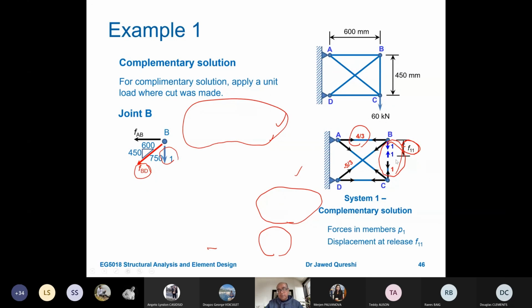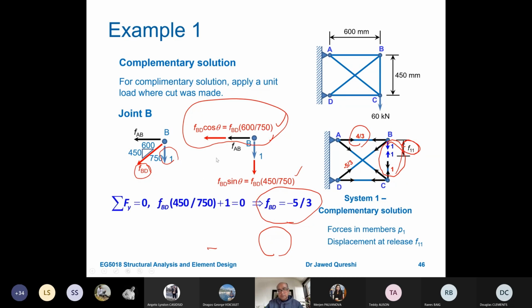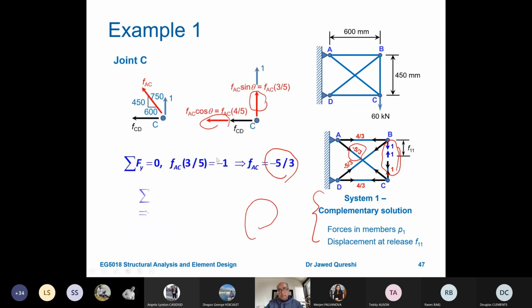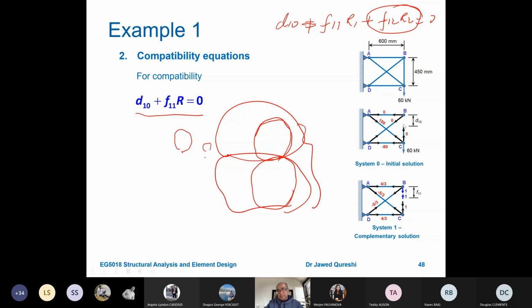And then I moved to the virtual method where I applied a unit load at the point where I removed the load. So in this entire member I have a load of 1. And then I applied the method of joints, which gave me again forces in the real system and in the virtual system.